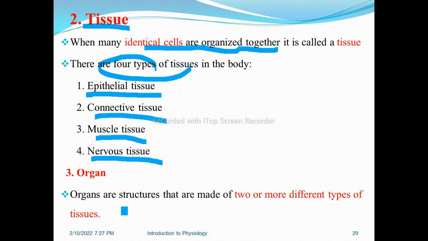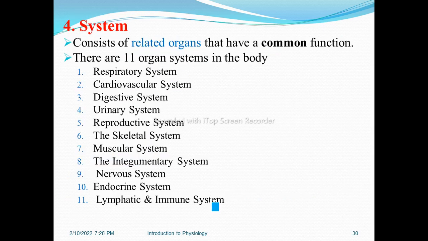Organs are structures that are made of two or more different types of tissues. Organs also give us systems. A system consists of related organs that have a common function.